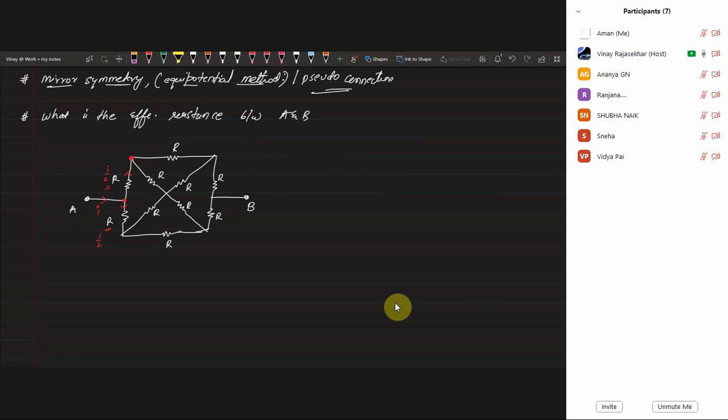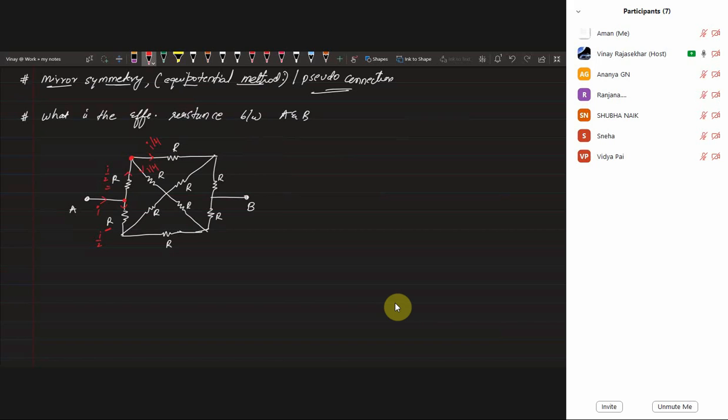I by 4 and I by 4. Because again these two resistors are the same, right? So this current is I by 4. This current is I by 4.